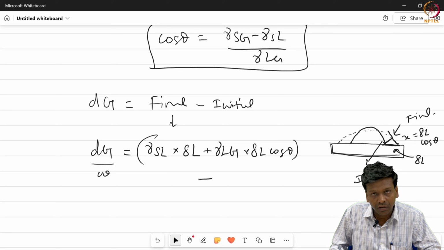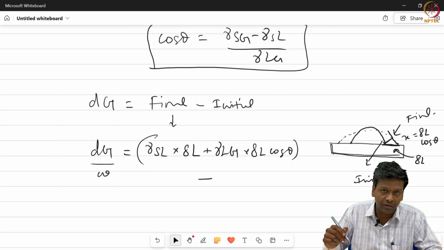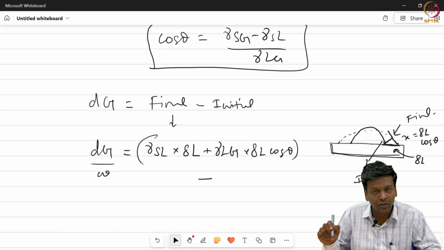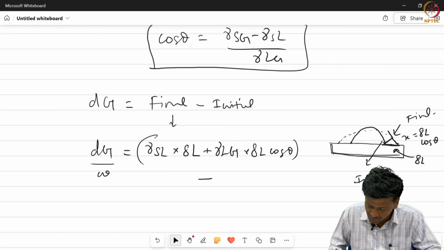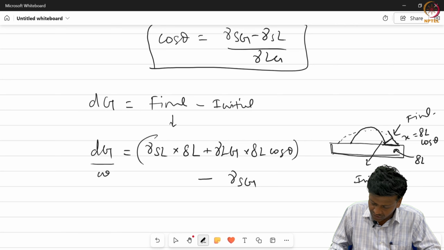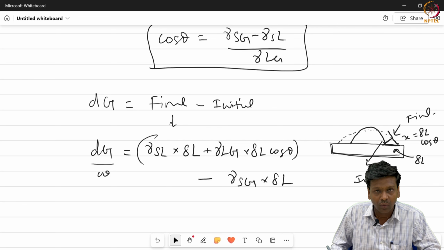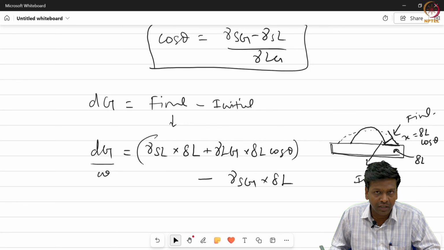And my initial configuration, when I spread the droplet and it just hits the surface, what was existing before spreading was gamma Sg itself, which is again multiplied by delta L. Because that portion, gamma Sg into delta L, is going to be replaced by gamma SL delta L.